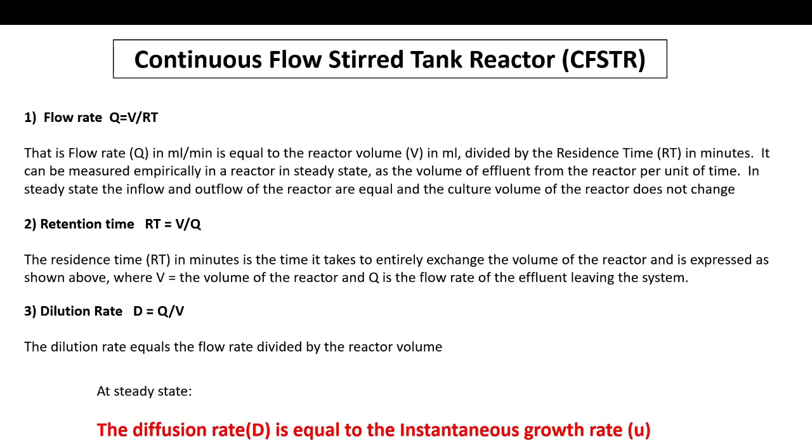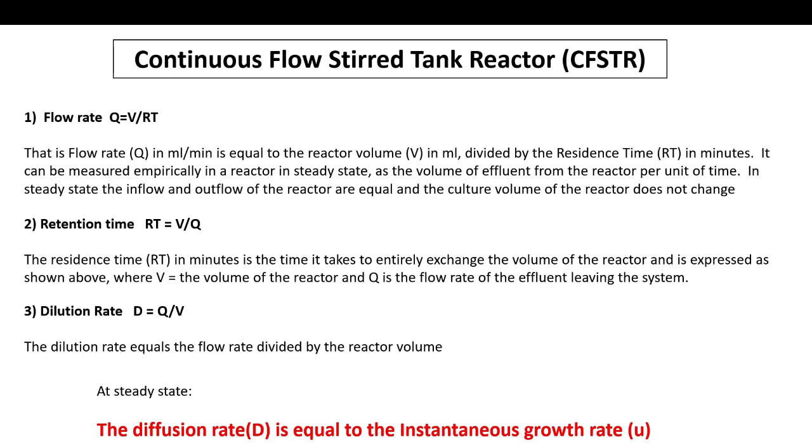As a result, your microbe which is growing in the stirred tank reactor will have less time for utilizing those nutrients. So if your flow rate is higher, then your growth rate will be slower, because the flow rate is higher.